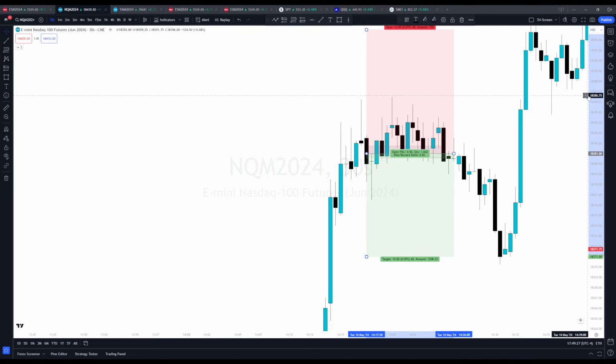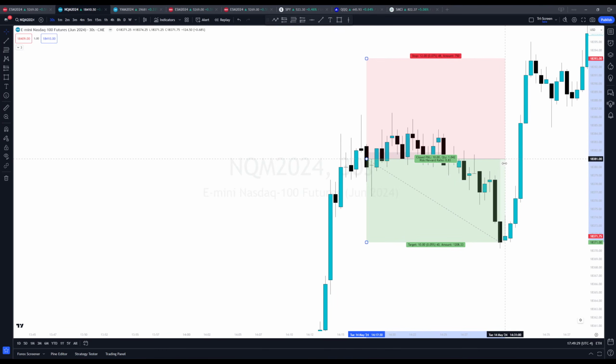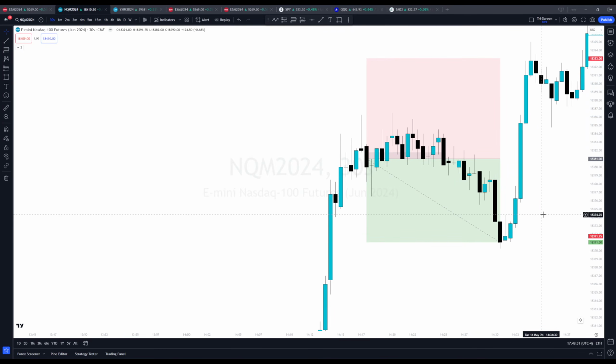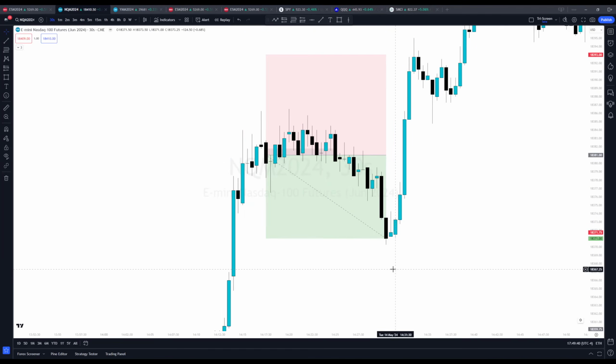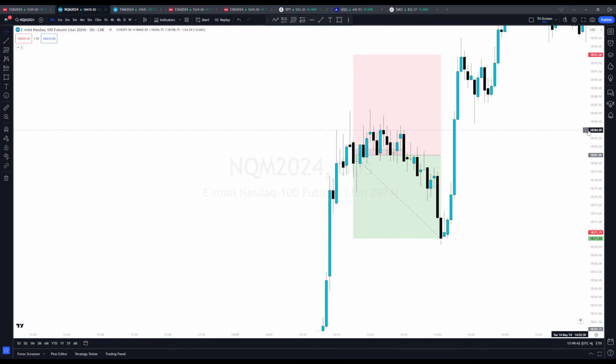The more you trade this model, and you see it deliver, you'll start to get screen time and a feeling of knowing which ones are going to work or not. You just get a feeling, especially if you're a more experienced ICT trader, and you can combine this with higher time frame PD arrays or something like that, then it gets that much better.